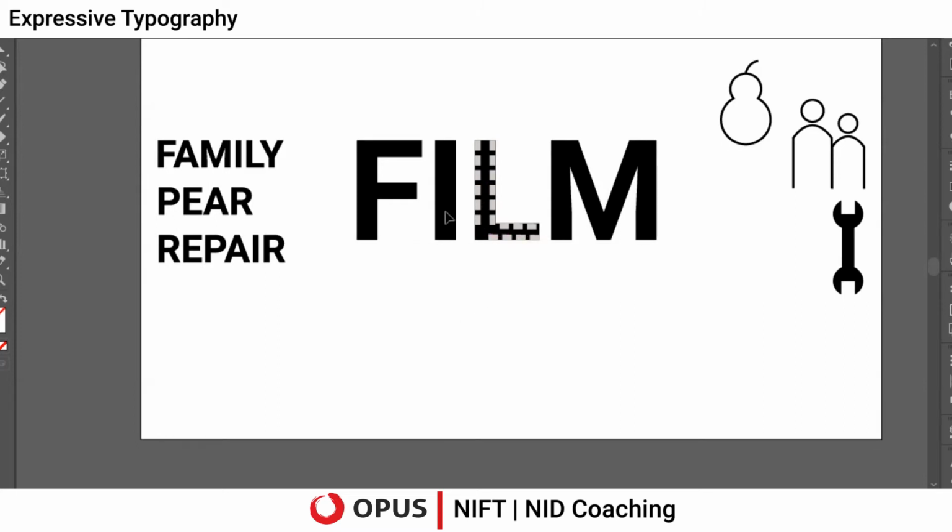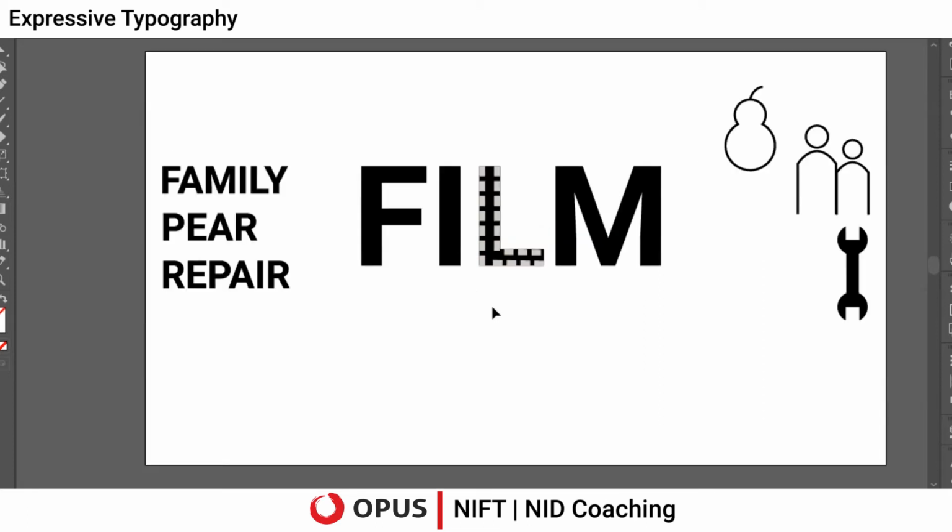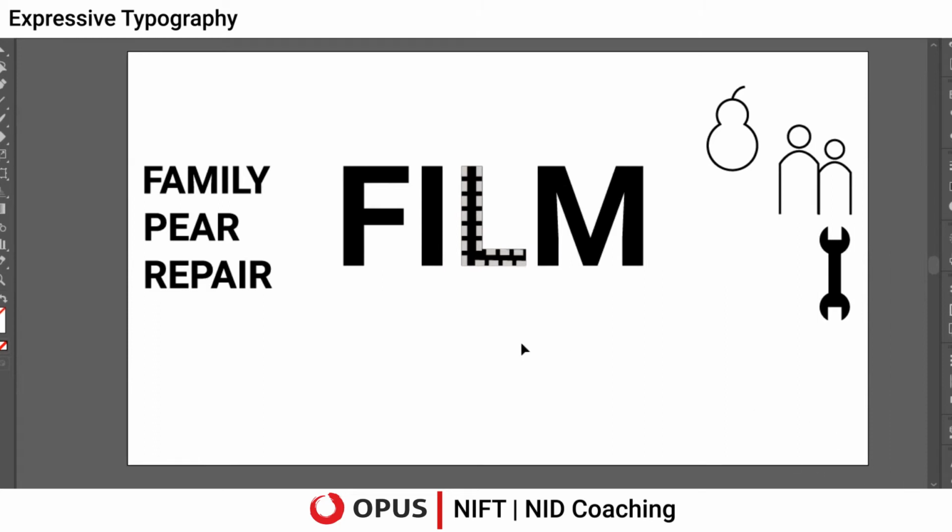So if you see now, this looks more or less like a film reel, which we wanted to create, and thus the integration of certain graphics and certain letters helps us create an expressive typography which amplifies the meaning of the word itself.